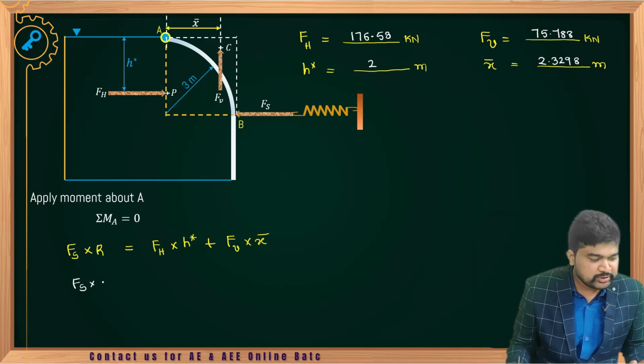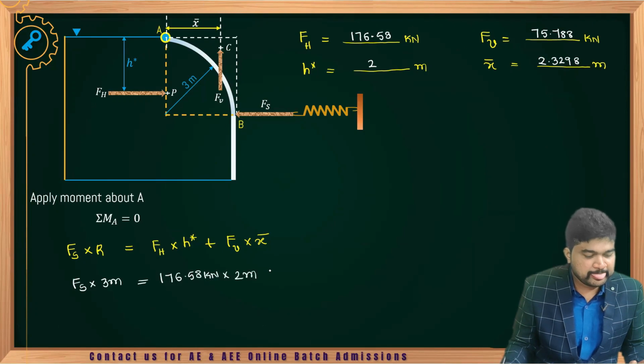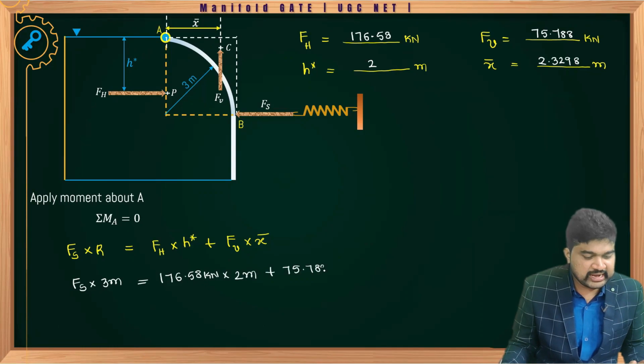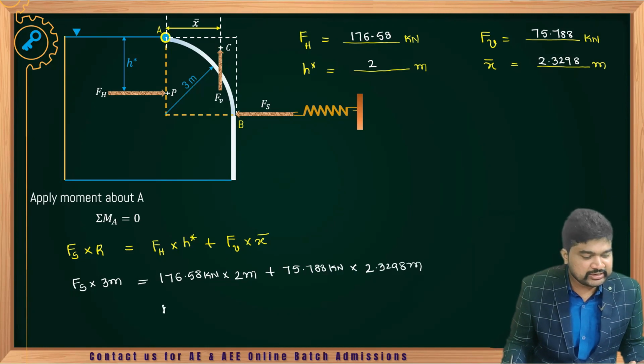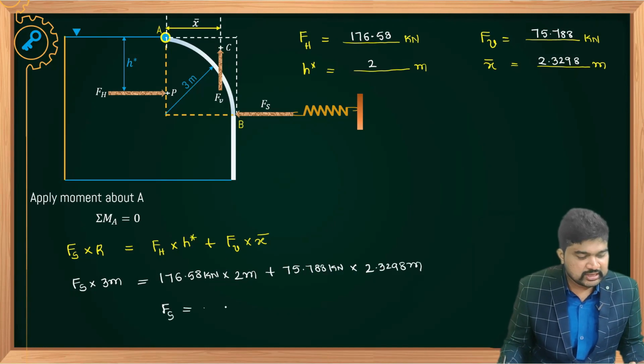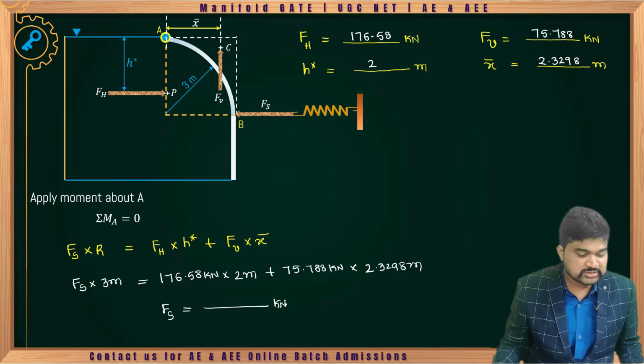Fs into 3 meter equals FH, which is 176.58 kilonewton into 2 meter, plus 75.788 kilonewton into 2.3298 meter. Finally, what is the magnitude of Fs? Here both are kilonewton. That is why you will be getting Fs in kilonewton.